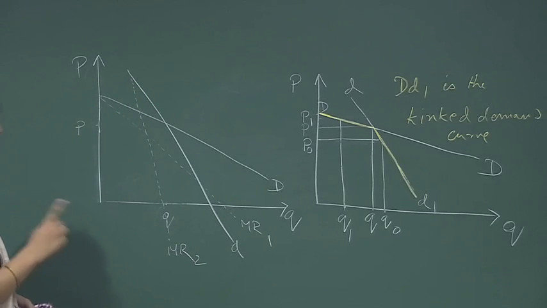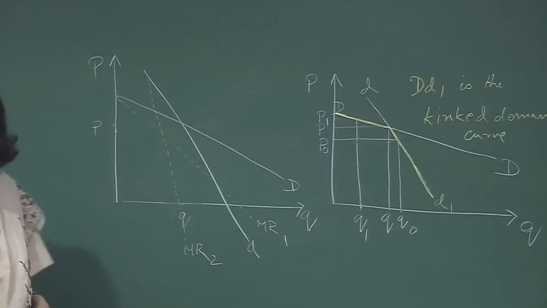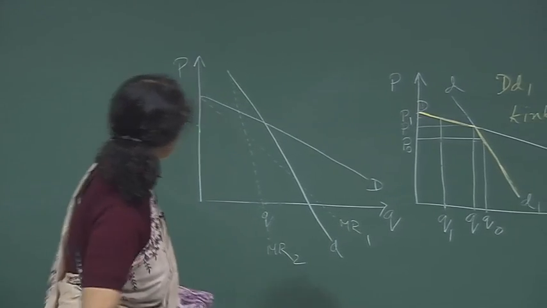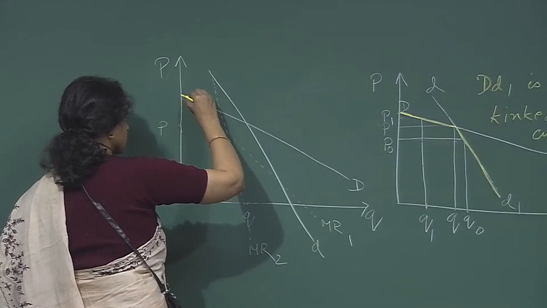So I have drawn the two demand curves, one is the capital D, the other is the small d, and from here I have the kinked demand curve.